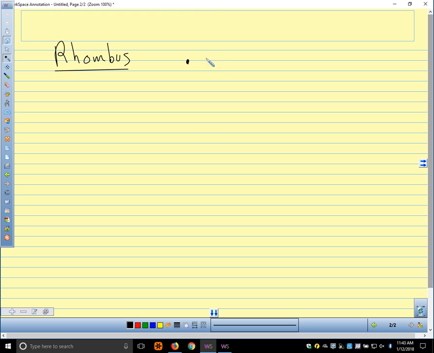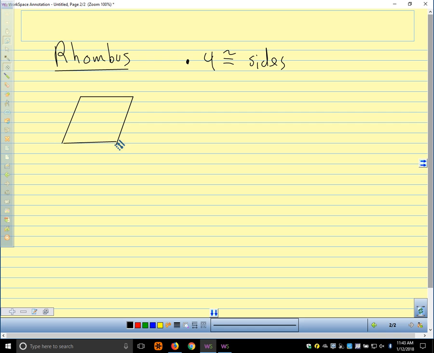In addition, a rhombus has 4 congruent sides. So our rhombus on our graphic organizer looks something like that.